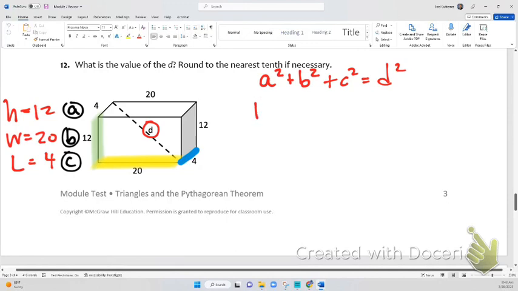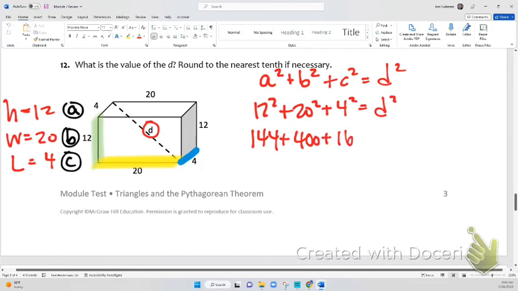So the A is the 12, the B is the 20, the C is my 4, and then once again we are trying to find the diagonal. So this gives me 144, this gives me 400, this gives me 16. I add them all together, and for this one I get 560.